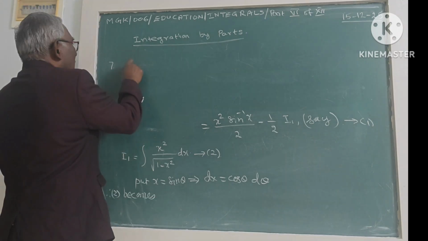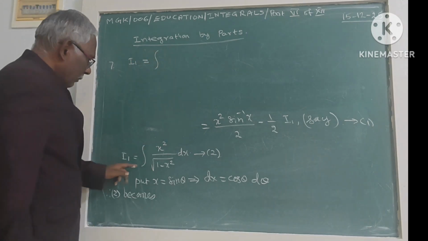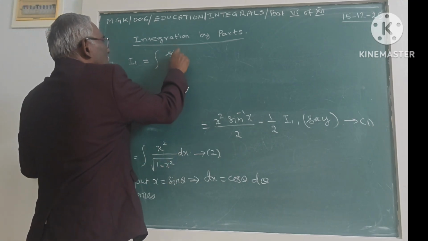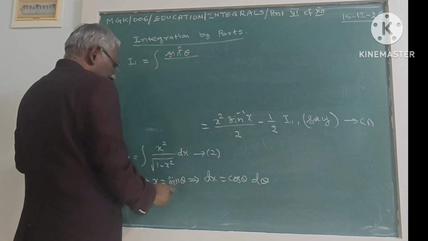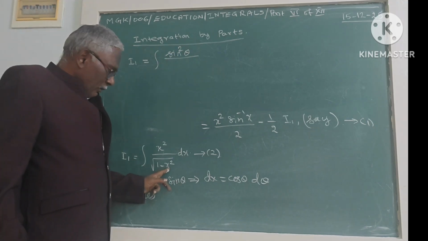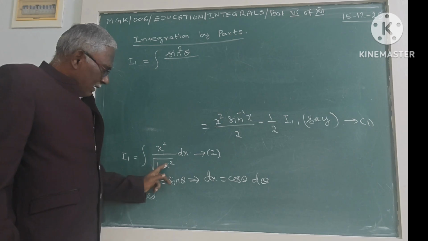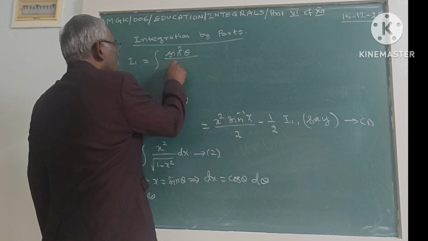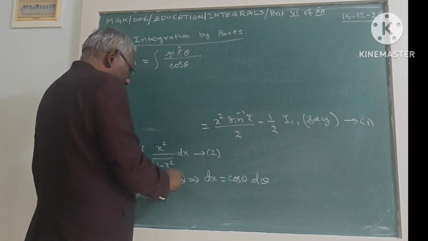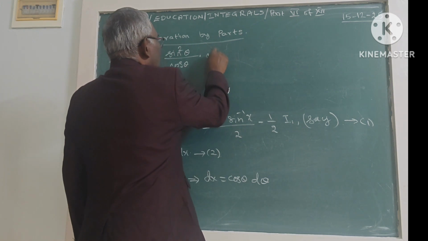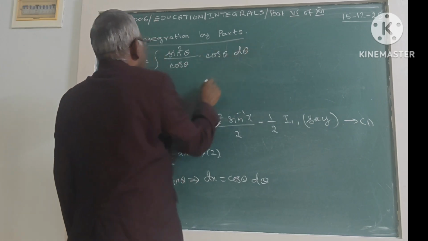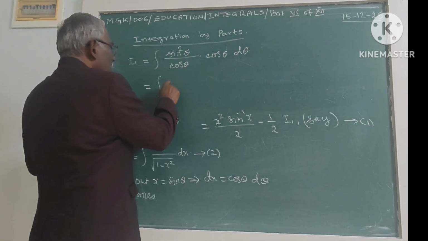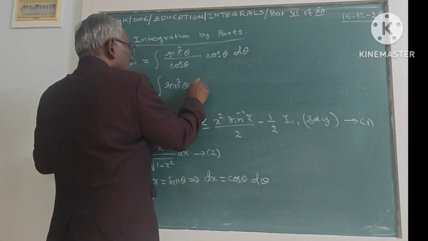Therefore I suffix 1 is the integral of x square, which is sine square theta, by square root of 1 minus sine square theta. 1 minus sine square theta is cos square theta, so the square root of cos square theta is cos theta, into dx, which is cos theta d theta. Now this reduces to the integral of sine square theta d theta.